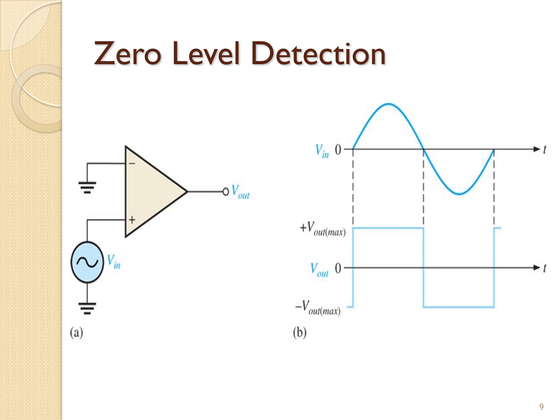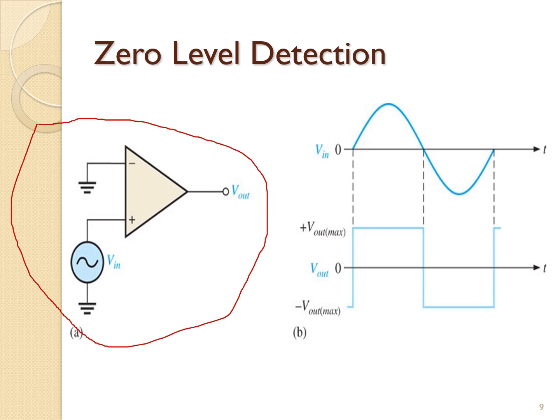This figure shows a zero-level detector. In this situation, the inverting input is grounded to produce a zero level. Input signal voltage Vin is applied to the non-inverting input.